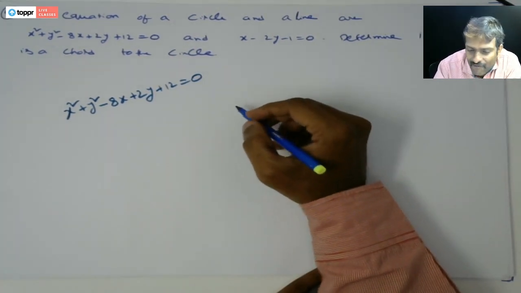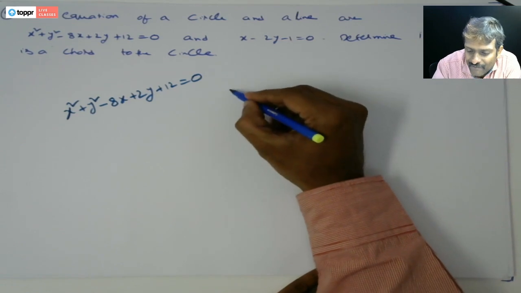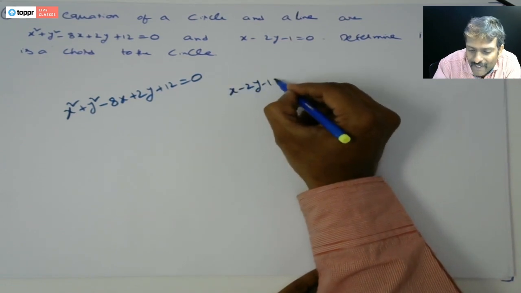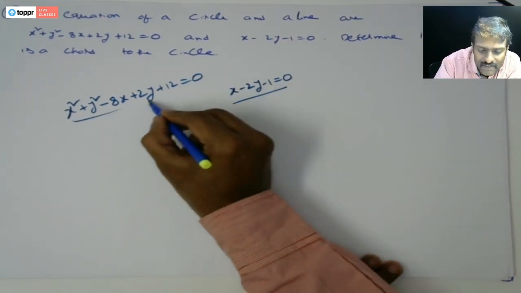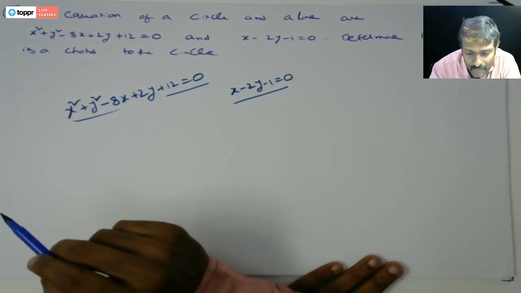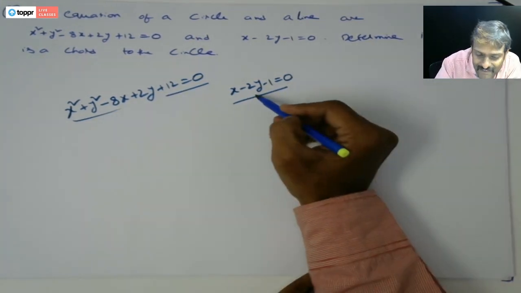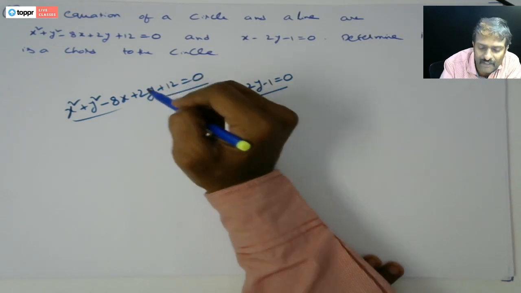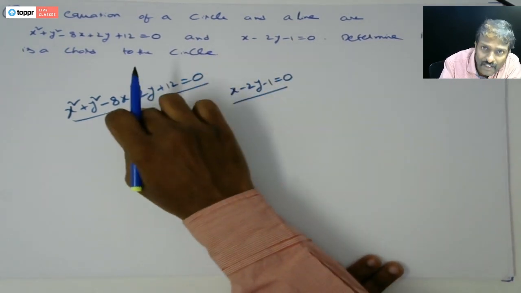Along with it, he gave us an equation of a line, which is x minus 2y minus 1 equals 0. This is the information given to us, right? Determine if this line is a chord to the circle. So we have to check whether this is a chord to the circle.